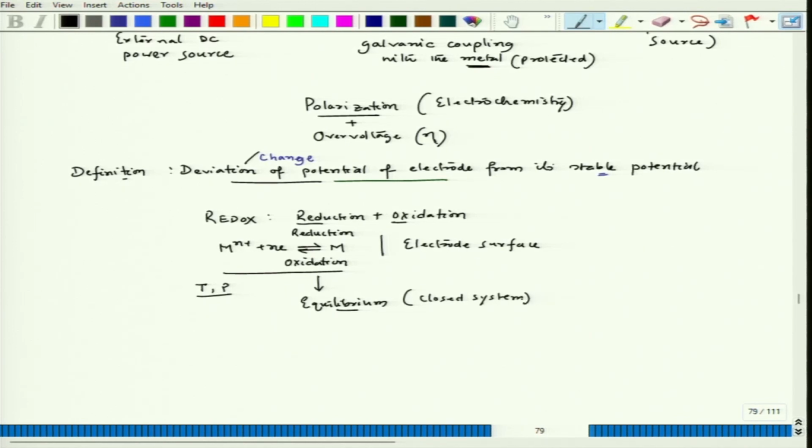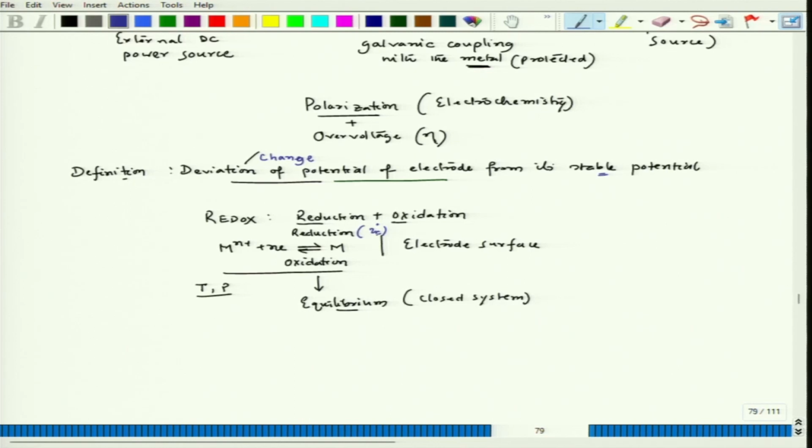And when it reaches equilibrium, the rates of reduction and oxidation are the same. The reduction rate we consider in terms of IC, which is cathodic current density, and we know that current density is nothing but the rate of that particular reaction.